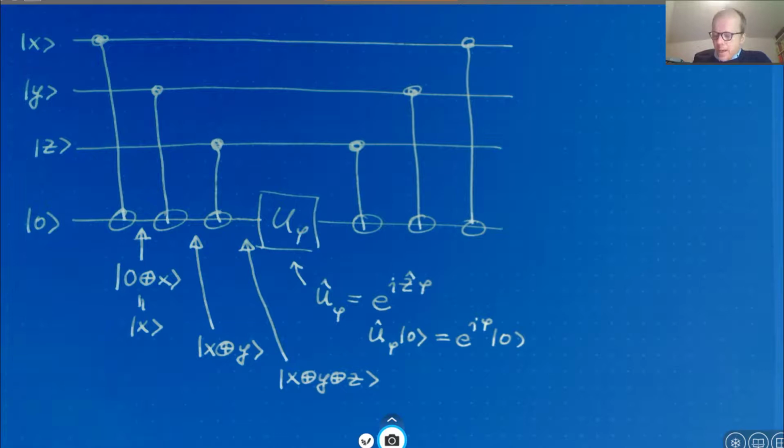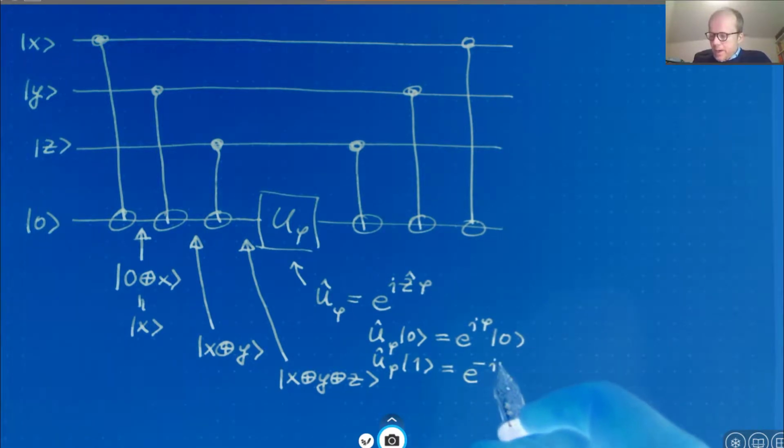If instead it's applied to basis state 1, this is an eigenstate of Pauli z with associated eigenvalue -1. And therefore, when you apply the u phi in this exponential form, you see immediately that the effect is e to the -I phi times basis state 1.